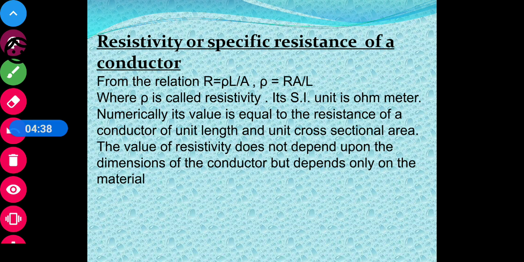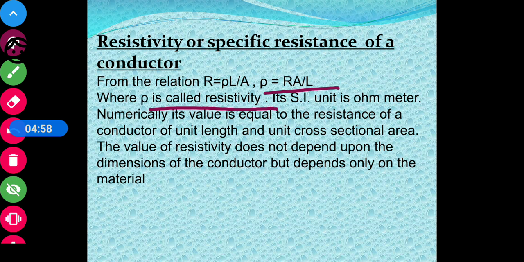Now, resistivity, or specific resistivity or specific resistance of a conductor. As we know, R is equal to rho L upon A. So from here, rho is equal to RA upon L. Here rho is called the resistivity or the specific resistance.